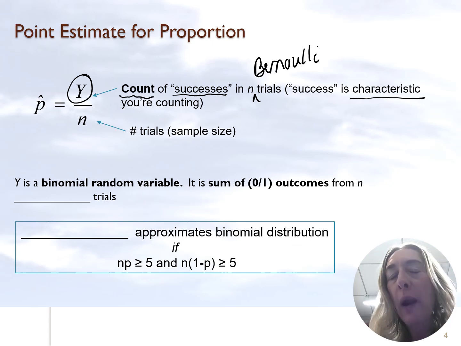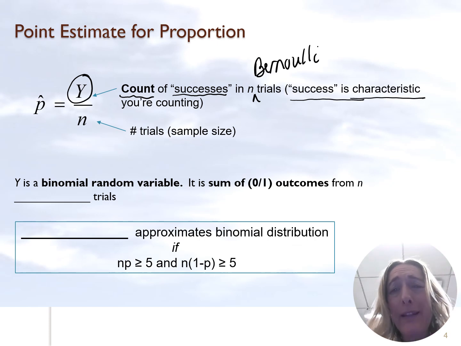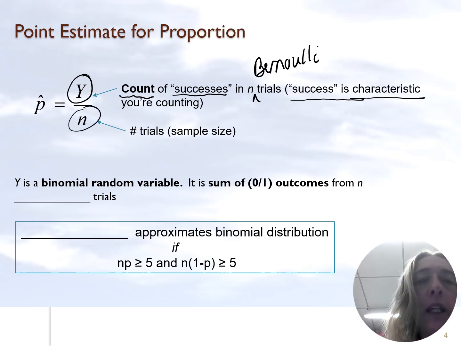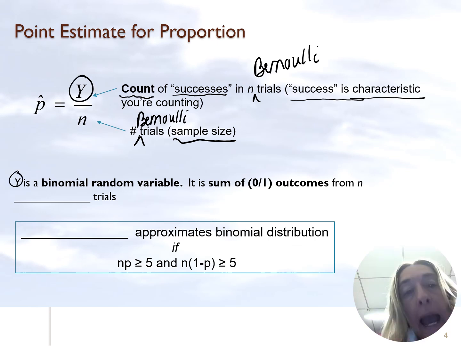For example, perhaps we are interested in counting the number of negative COVID tests, which isn't necessarily a desirable or a successful outcome. But again, the word success here simply means the characteristic you're interested in counting, whether that is desirable or not. In the denominator, we have n, which represents the number of Bernoulli trials, also known as your sample size.